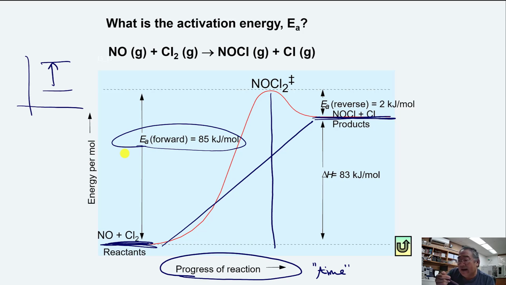On the other hand, the activation energy for what we call a reversible reaction, where you can go forwards and backwards, is really small going in the backwards direction. So this activation energy being small relative to this activation energy being large means that the reverse reaction is much faster than the forward reaction.